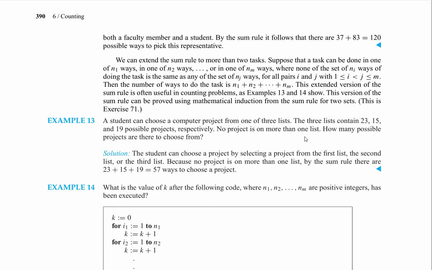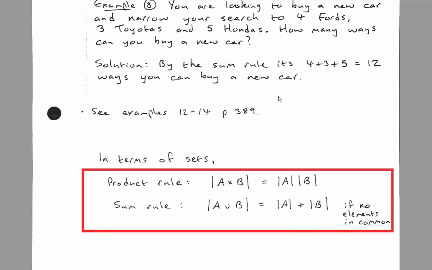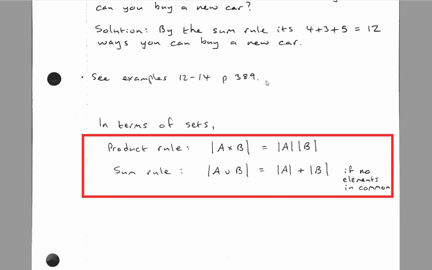There's no overlap in the projects, so how many possible projects are there to choose from? Again, I'm sure you can see it's just the sum of those numbers. All right, so that's the sum rule.